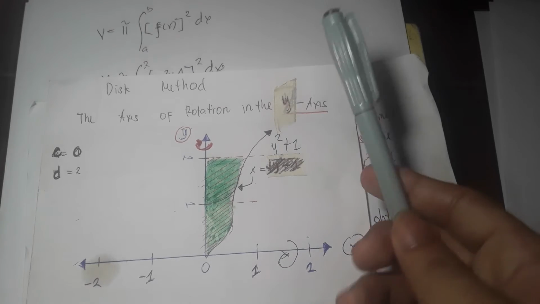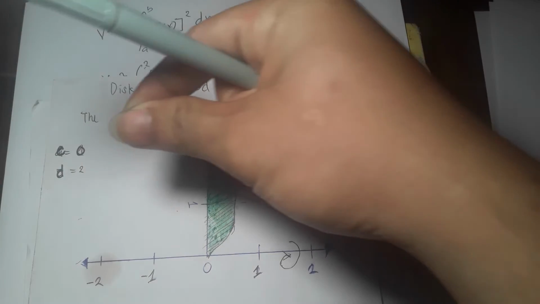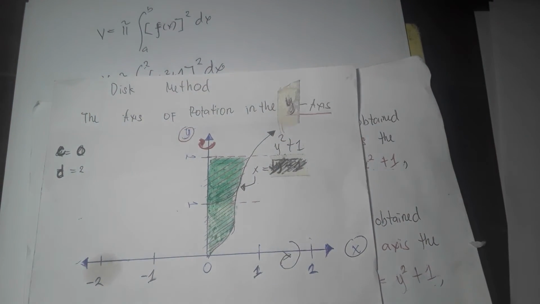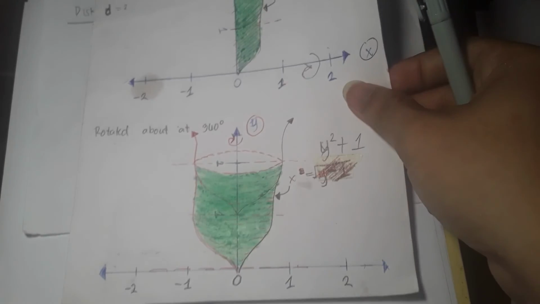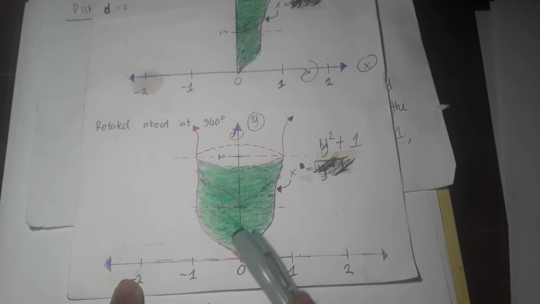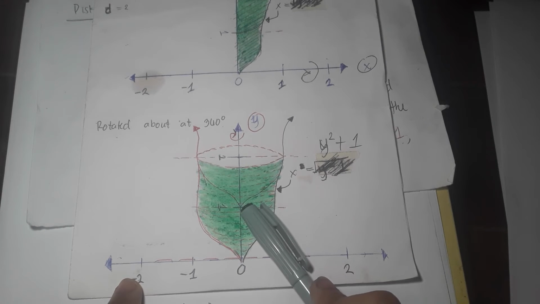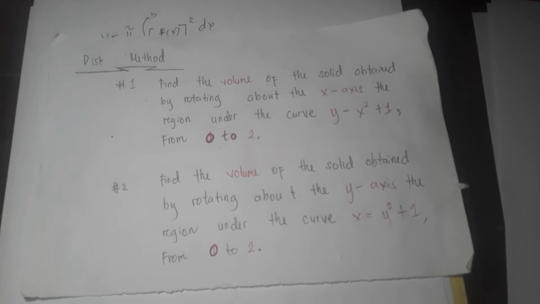Then let's put this arrow to rotate along the y-axis about 360 degrees. So what would be the result? We can form a three-dimensional figure. So for now, we can calculate the volume of the given figure from our case number 2.